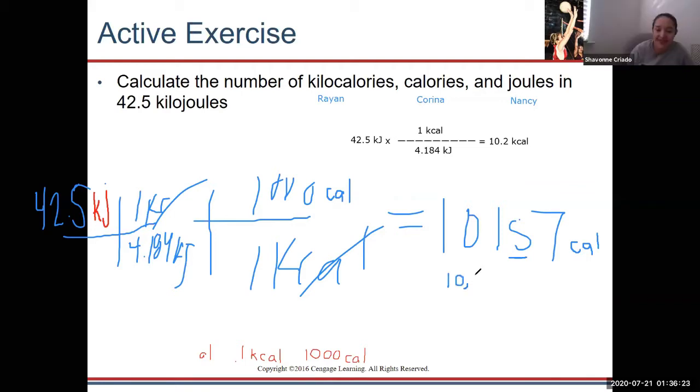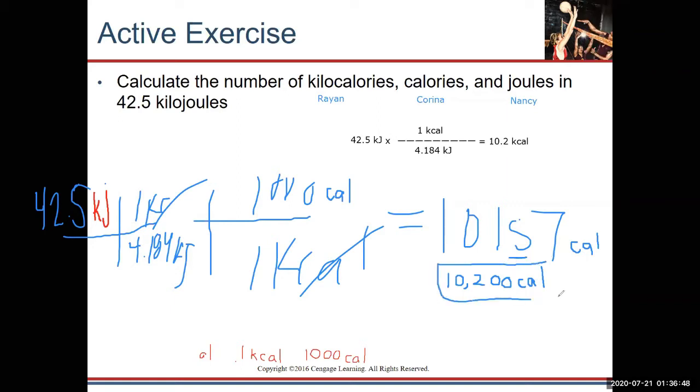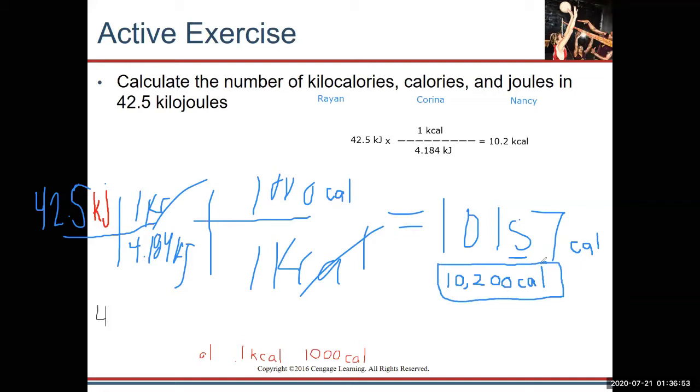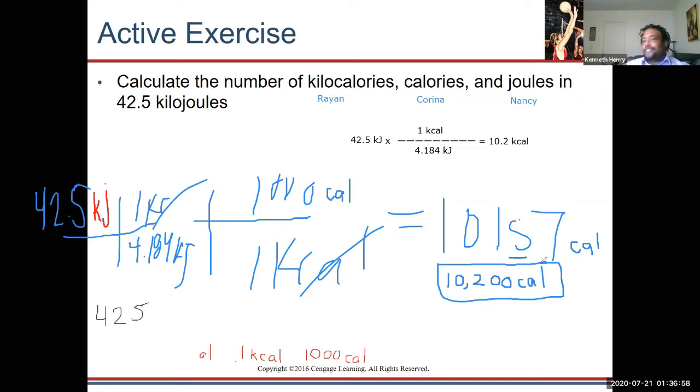Oh, no. Done. Is that 102? There you go. So it's 10,200. That is correct. Sorry, that was so big. Okay. That's all right. Nancy got plenty of room.